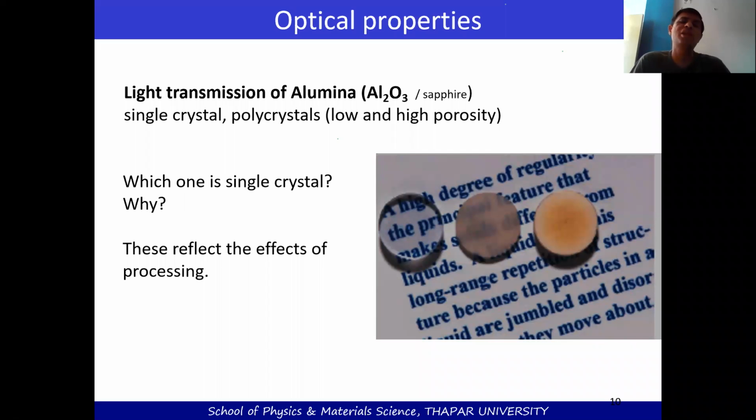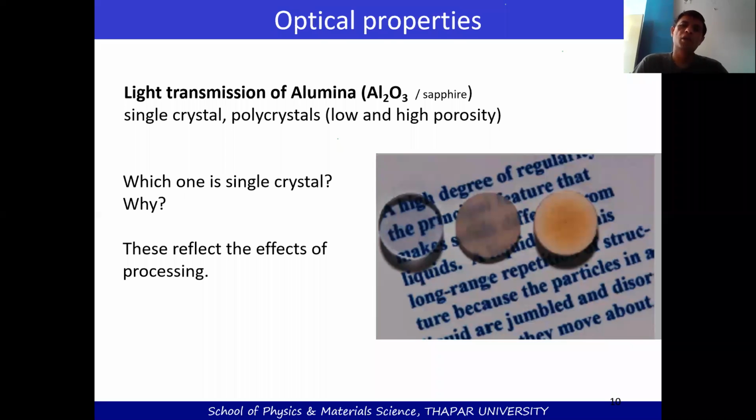Only a fraction of the light can transmit through the middle disc, and the third one, the rightmost disc, looks to be completely opaque to the transmission of the light. So it's the same material of the same thickness, but the degree of light that is transmitted through them is different. Why is it so?